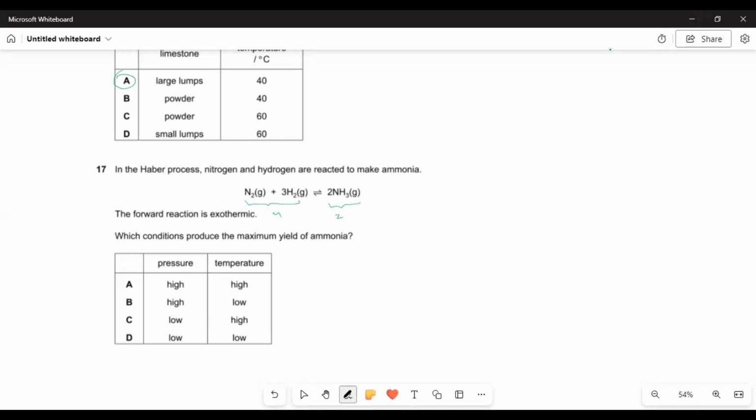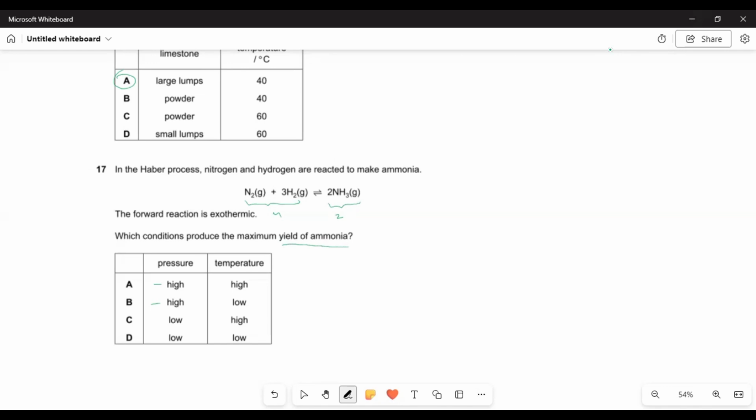So if there are more moles of reactants as compared to product, then at high pressure, equilibrium shifts towards right, which means we will get more ammonia. So according to pressure, it should be high.